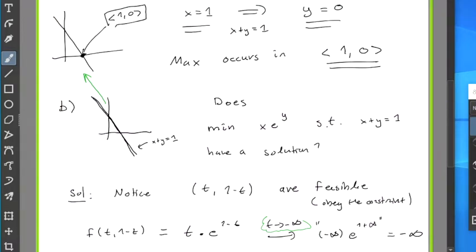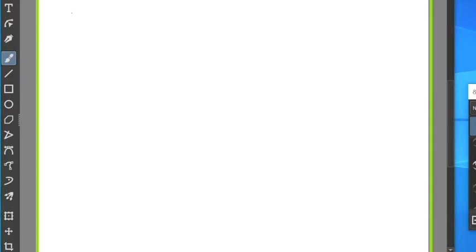And the fact that we can find points on the line such that when we let the parameter t go to minus infinity, f goes to minus infinity, shows us that there are points on this line where f is smaller than any given number. So let me write that down.